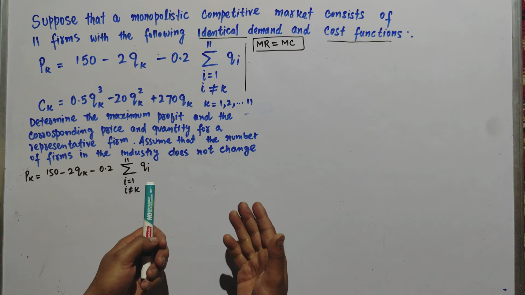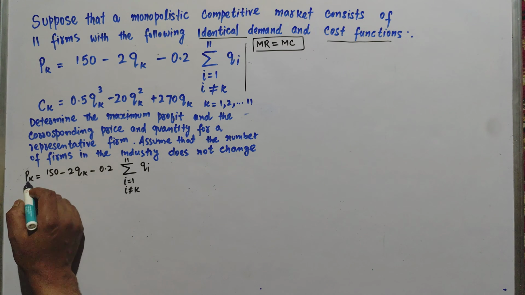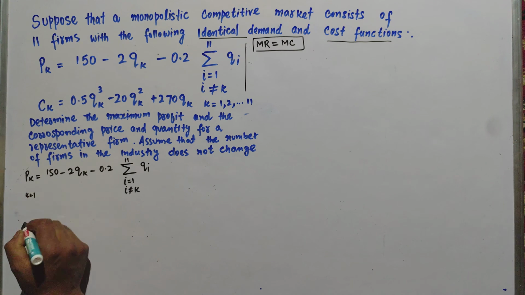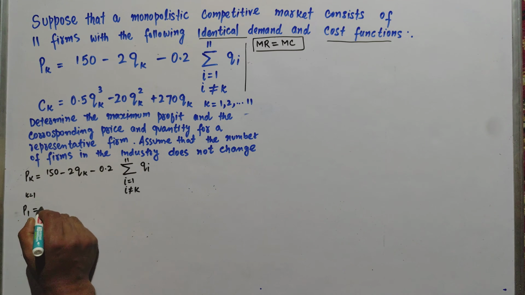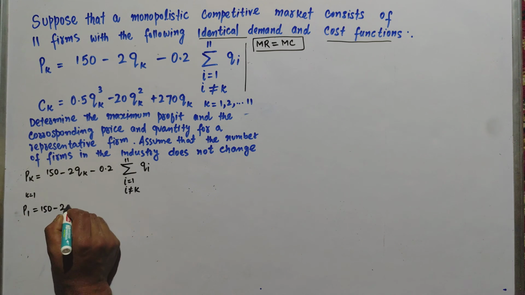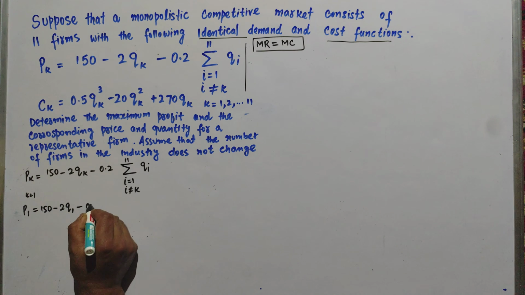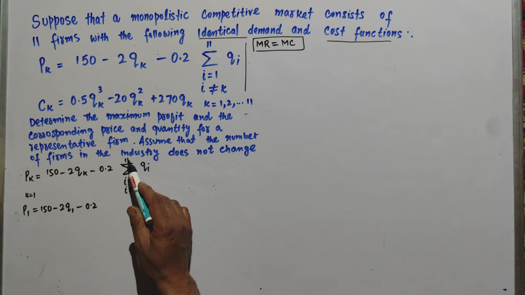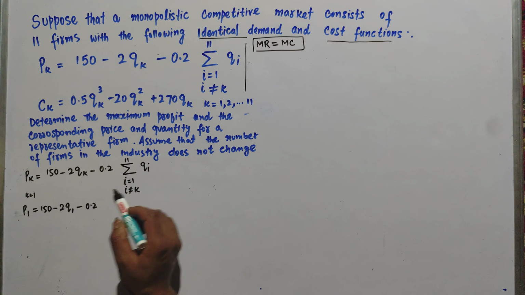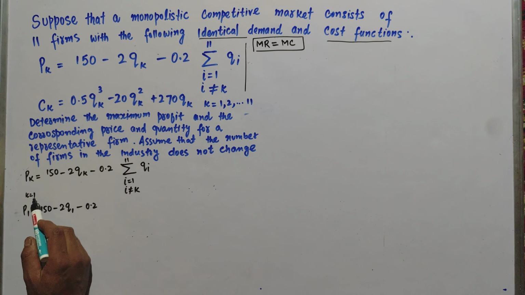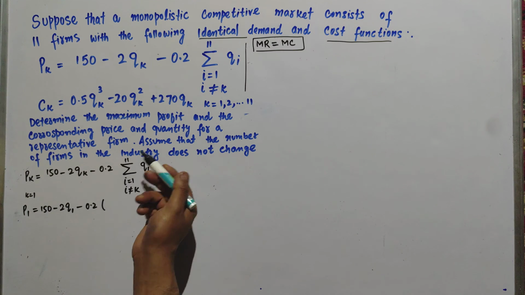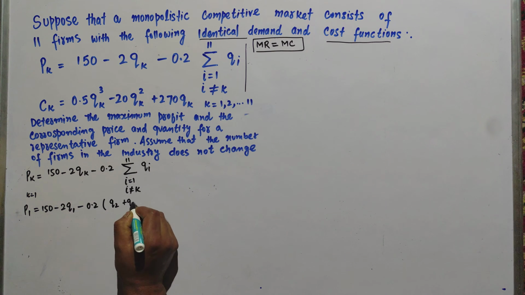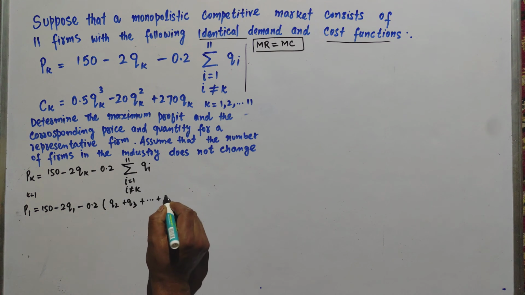So let's take a representative firm. Let's take K is equal to 1. When K is equal to 1, that means P1 will be equal to 150 minus 2 Q1 minus 0.2 times the sum from I is equal to 1 to 11, but I is not equal to K. Since we have taken K is equal to 1, we have to write here Q2 plus Q3 plus so on up to Q11.